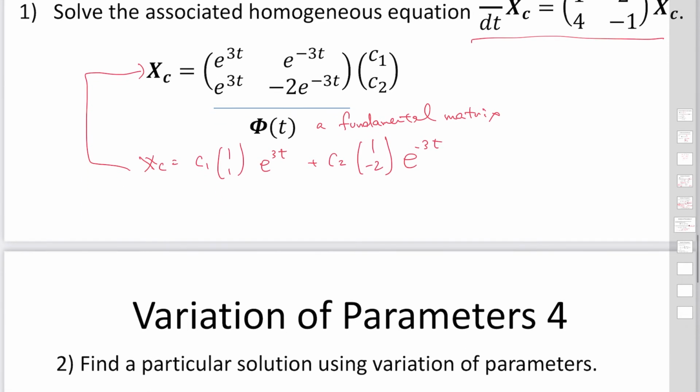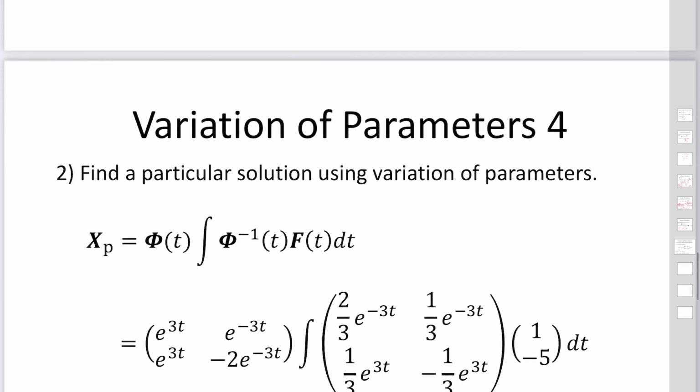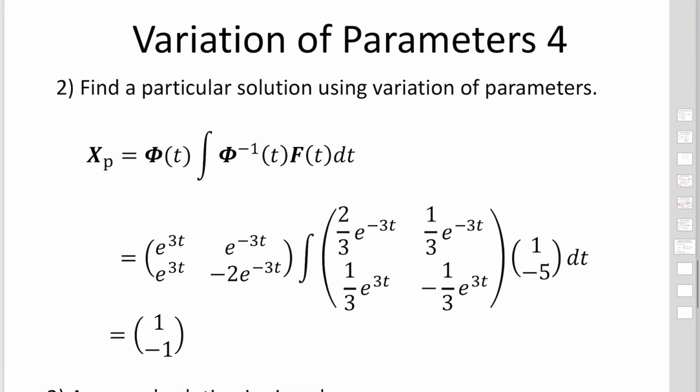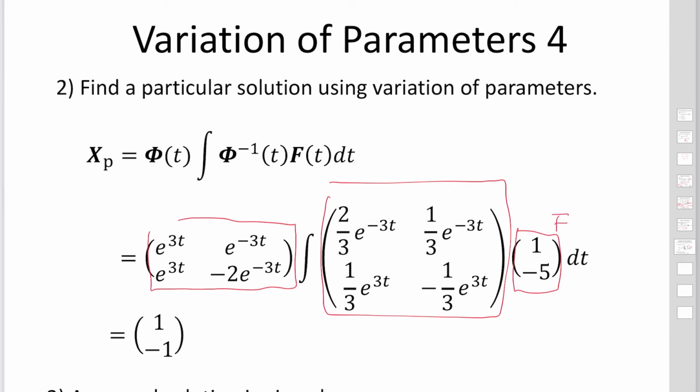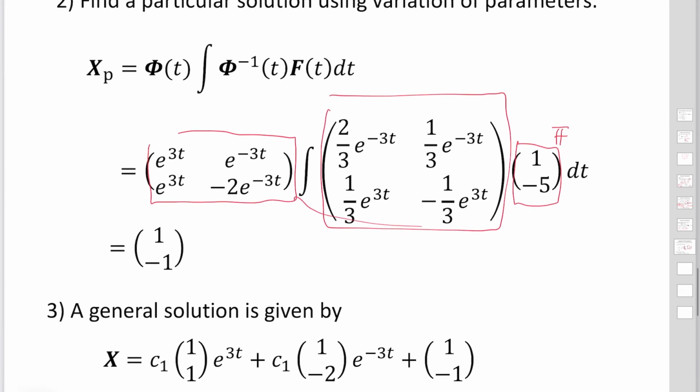Once we find the fundamental matrix, we can calculate the particular solution by substituting the fundamental matrix here, and we can calculate the inverse of the fundamental matrix. And this is the form of f. Then we can perform these calculations.